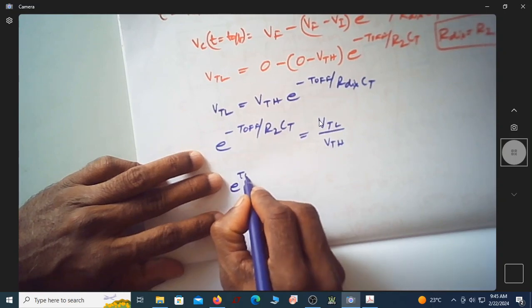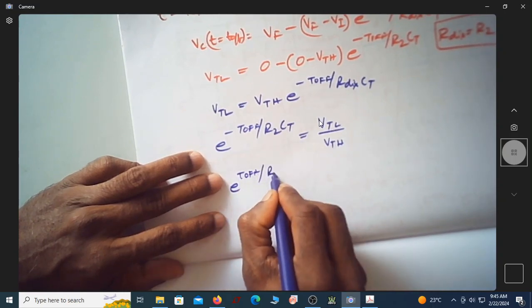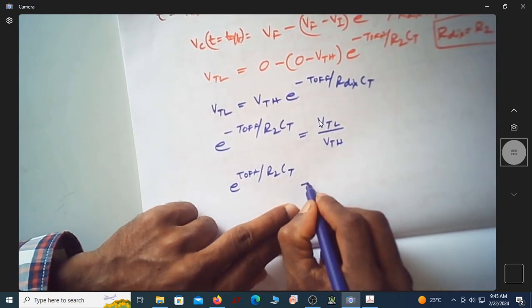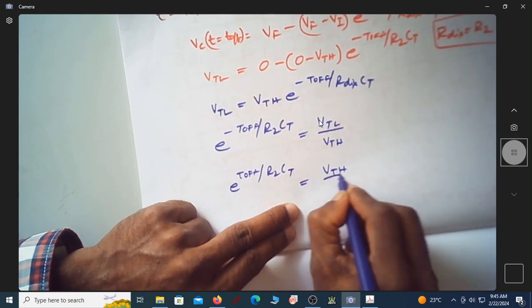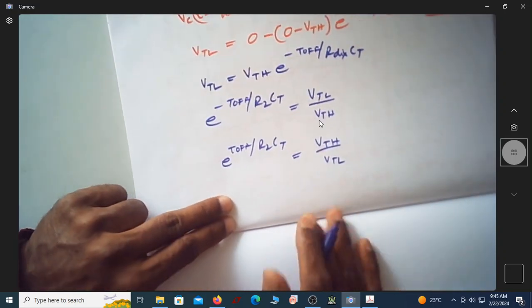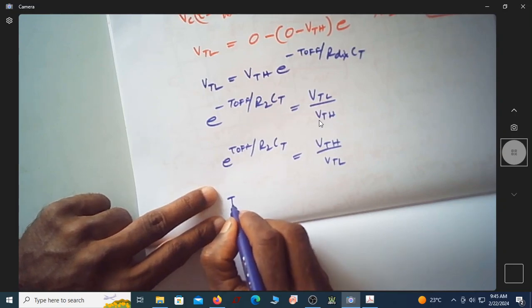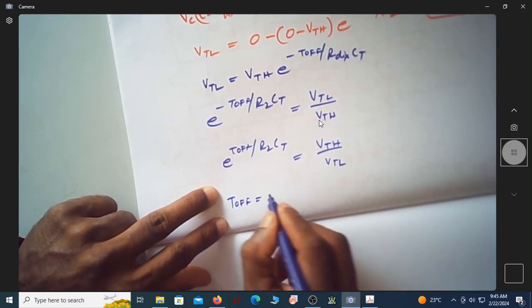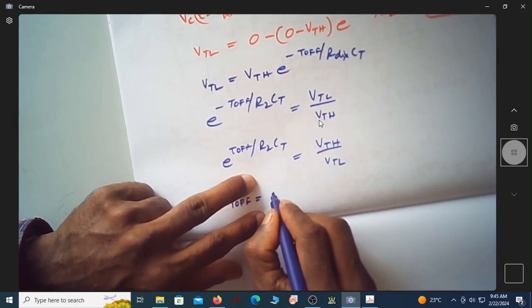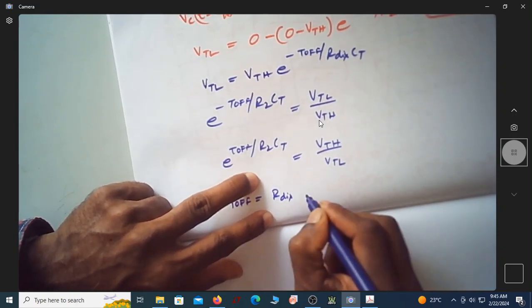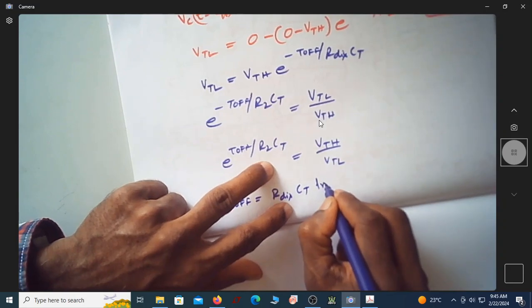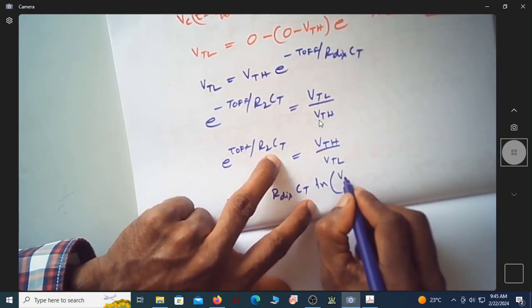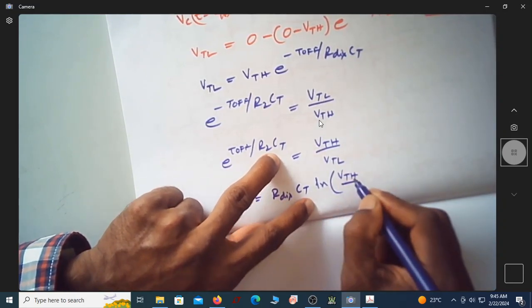E power t off by R2 CT is nothing but VTH by VTL. So can I now write, of course taking ln, t off is equal to R discharge CT ln of VTH by VTL.